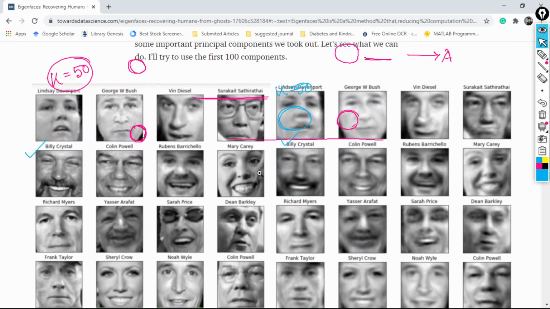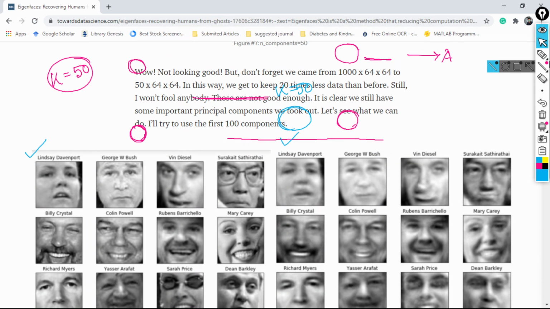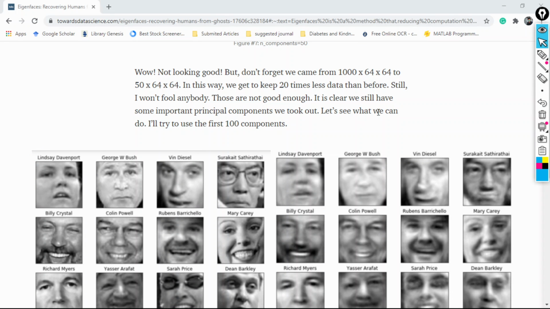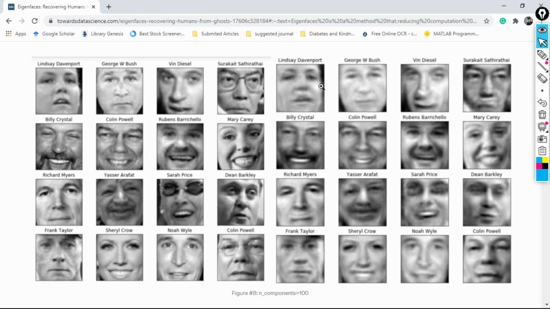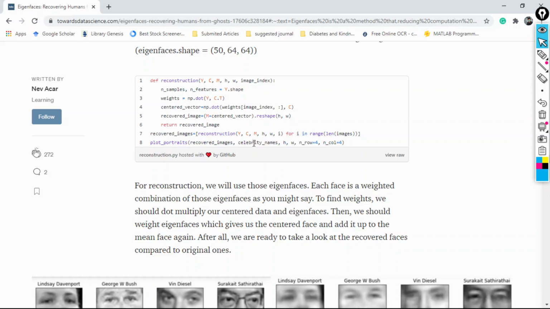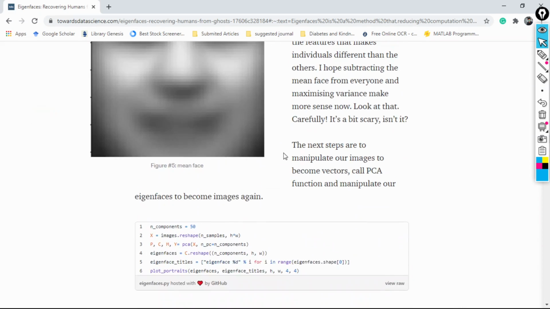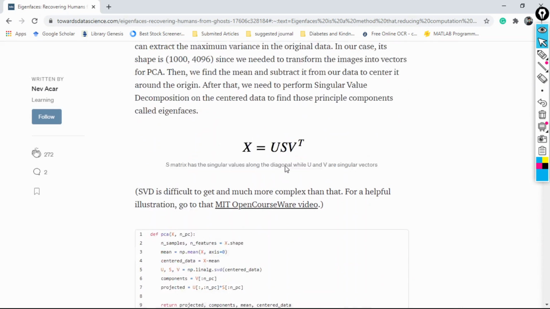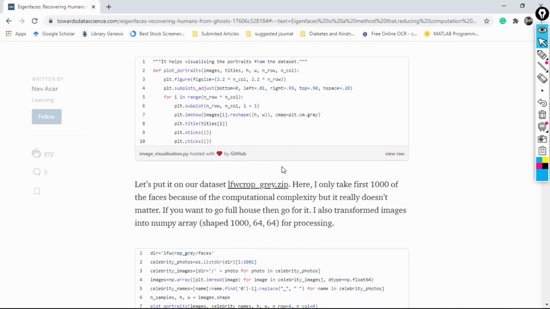I suggest that from these examples, in the description section I will give the link of that blog. Just read it. They also give where the data set is. Just download this data set on your computer.